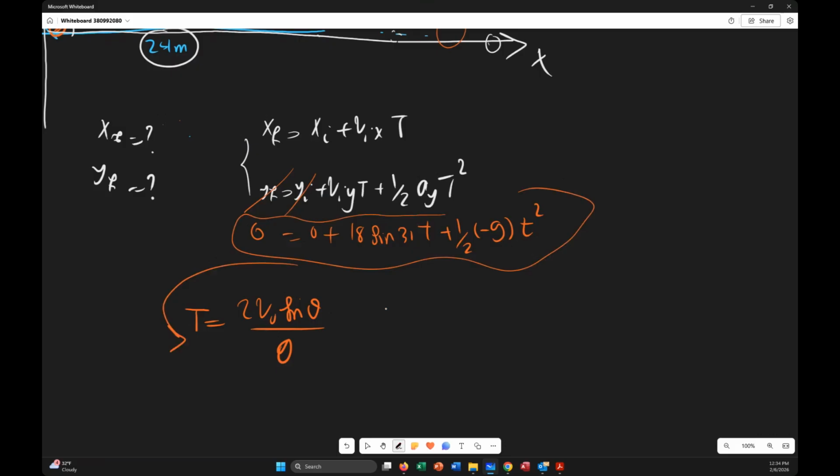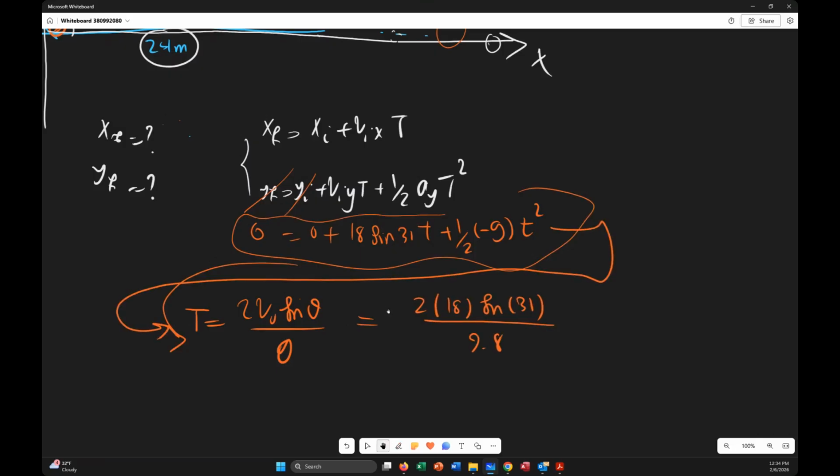Make sense? So when I calculate this, okay, so it's gonna be how much? V0 is gonna be 18 sine 31 divided by 9.8. Because if I solve this, okay, it's gonna be exactly this one. Good. How much? What is the total traveling time? Do you have a calculator?